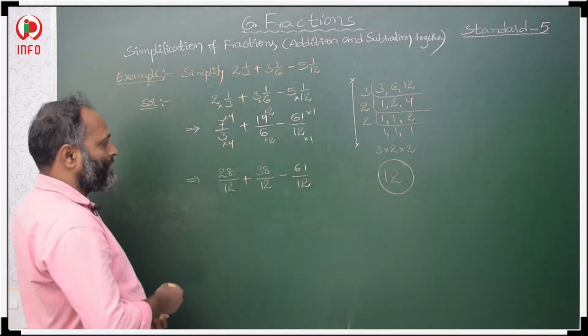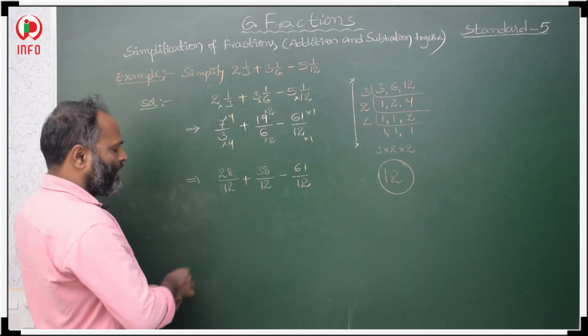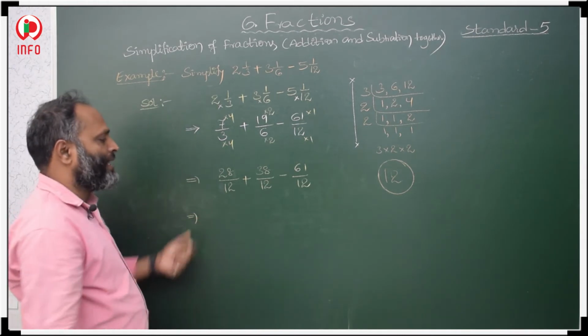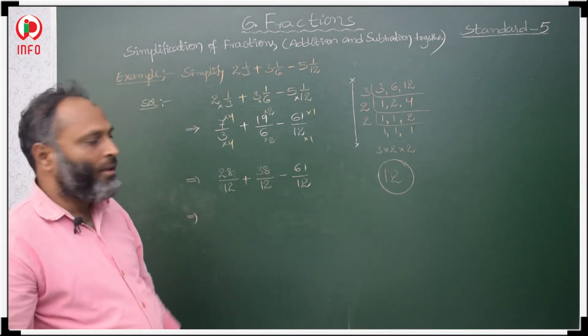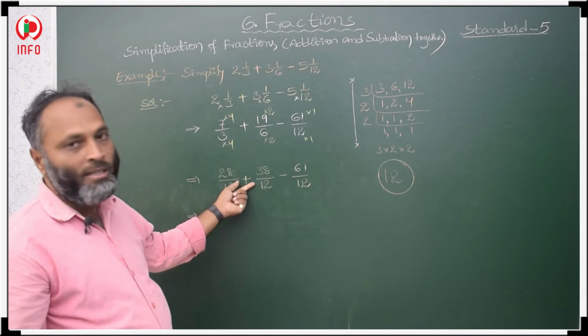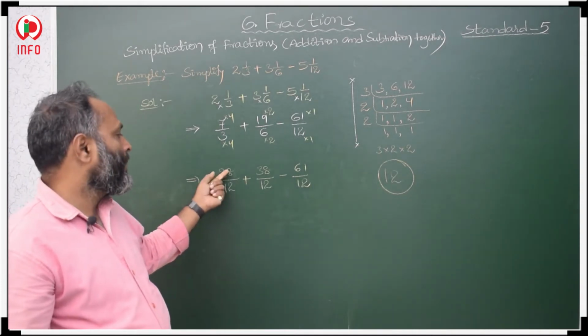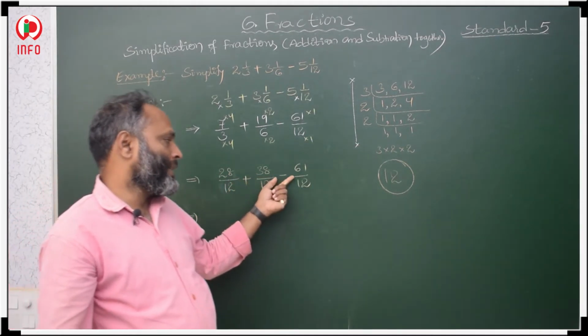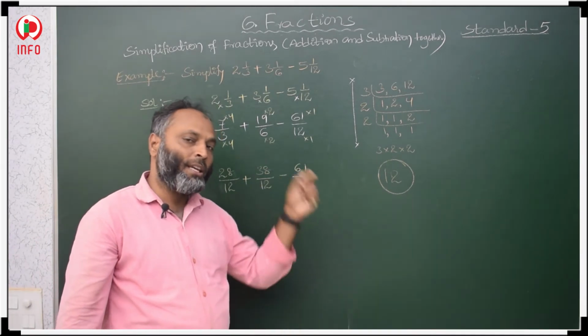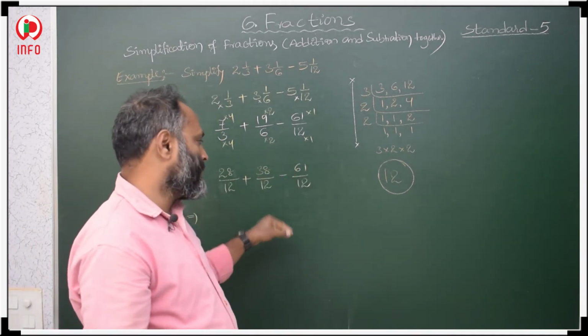Whenever there are like fractions, what to do? We have to add and subtract according to the sign. What is the sign here? Here the plus sign is there, here the minus sign is there. If the plus sign is given, then you take plus. If the minus sign is there, then you take minus.